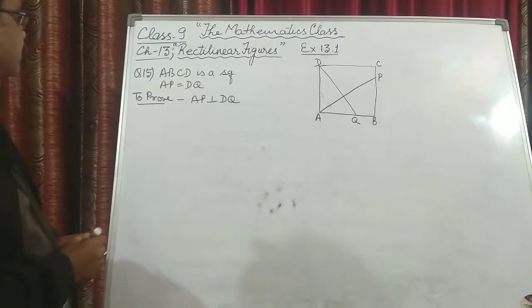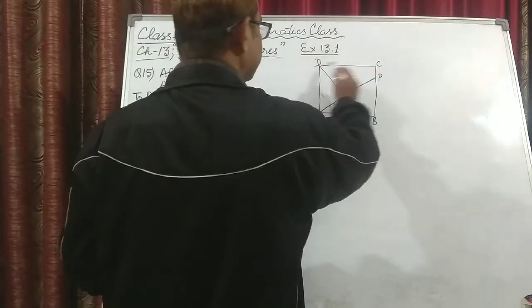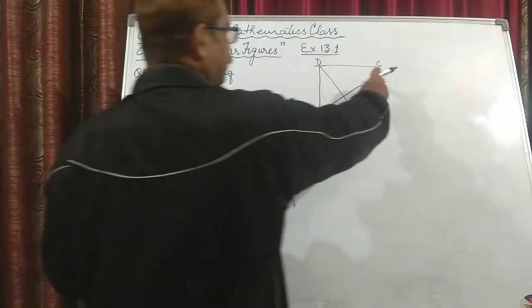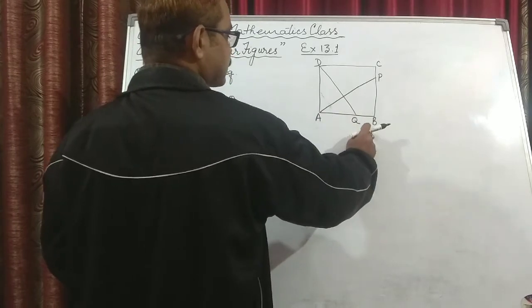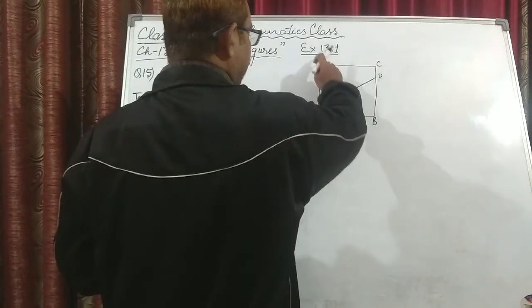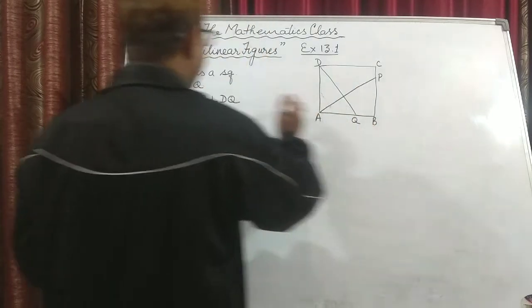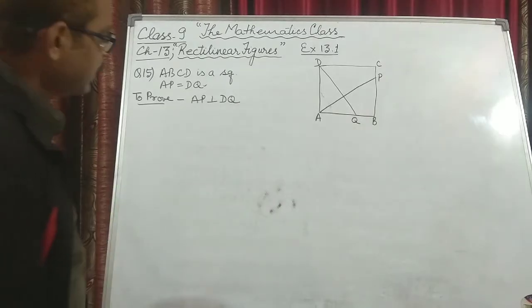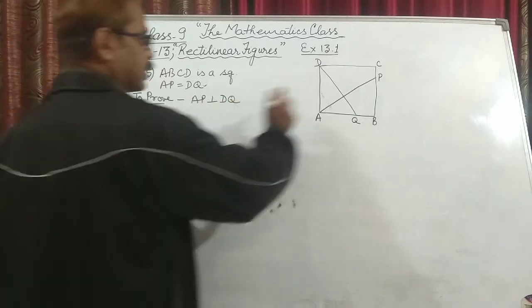In question number 15 they say that ABCD is a square, so we have made a square. And they say that point P is on BC and there is a point Q on AB such that AP is joined and DQ is joined, and AP and DQ are equal. These two things are given. We have to prove that AP and DQ are perpendicular to each other.